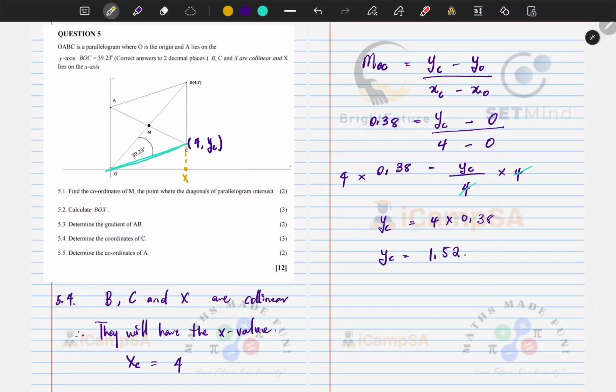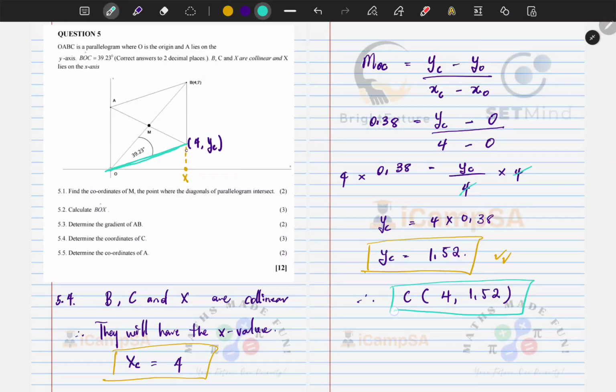So that will be your answer. And therefore the coordinates of C are 4 paired with 1.52.